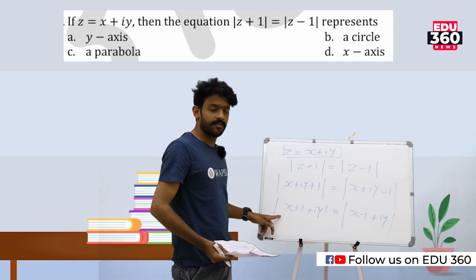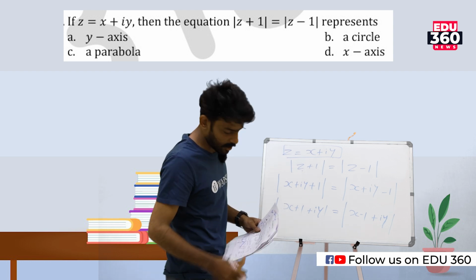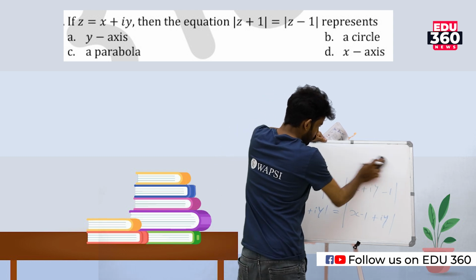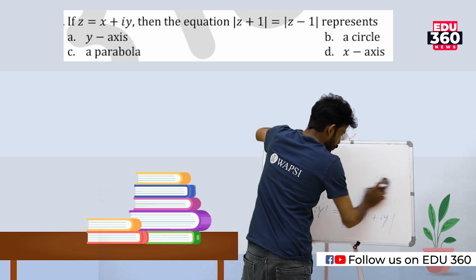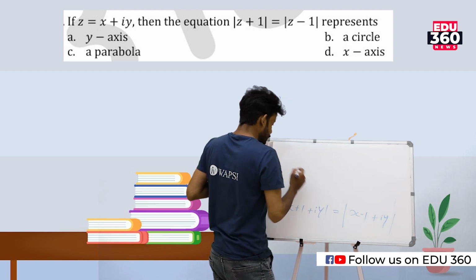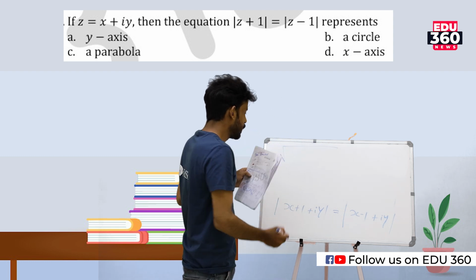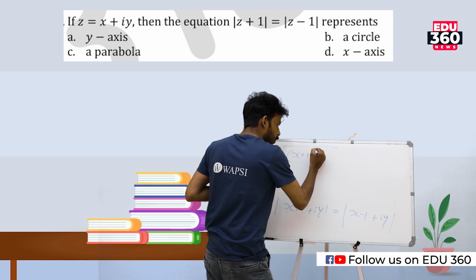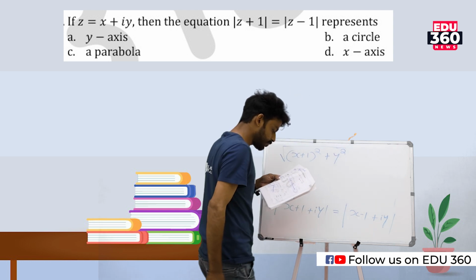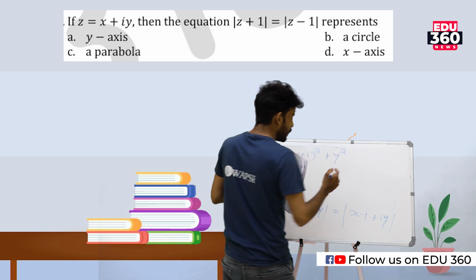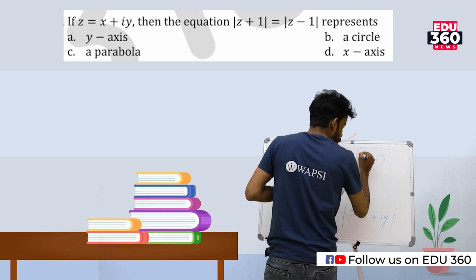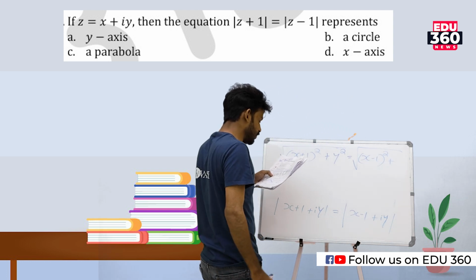So modulus means we can write this as root of x plus 1 the whole square plus y square, that is equal to root of x minus 1 the whole square plus y square.